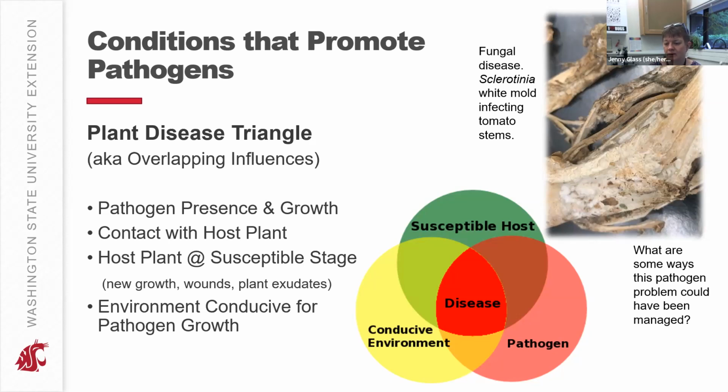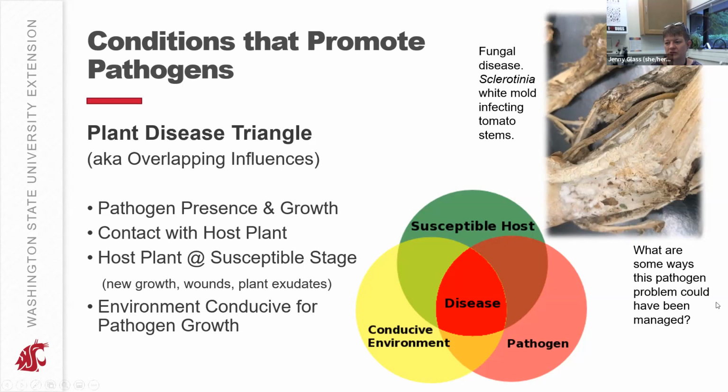And if you needed to use a pesticide, like a fungicide, that's back on that conducive environment. You would coat the plant surfaces so the pathogen was no longer able to get inside the plant.